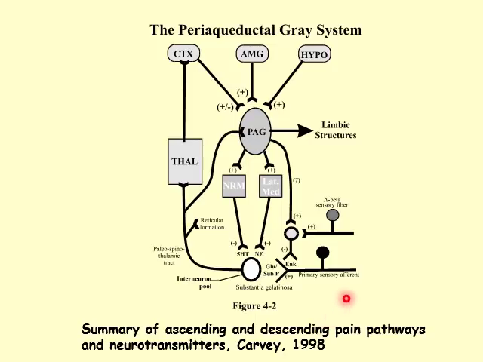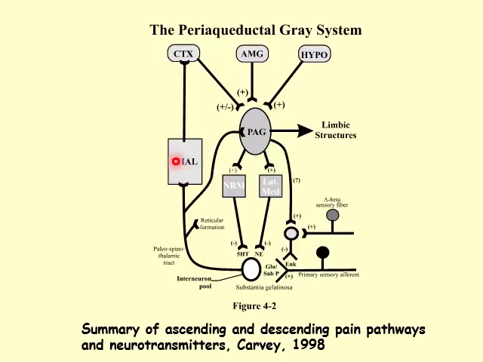A summary of these pathways is shown here, where you see the primary sensory input coming in and releasing glutamate or substance P, activating interneurons, and eventually the spinothalamic tract, which goes up to the thalamus, but it also sends branches up to the reticular formation and the periaqueductal gray.